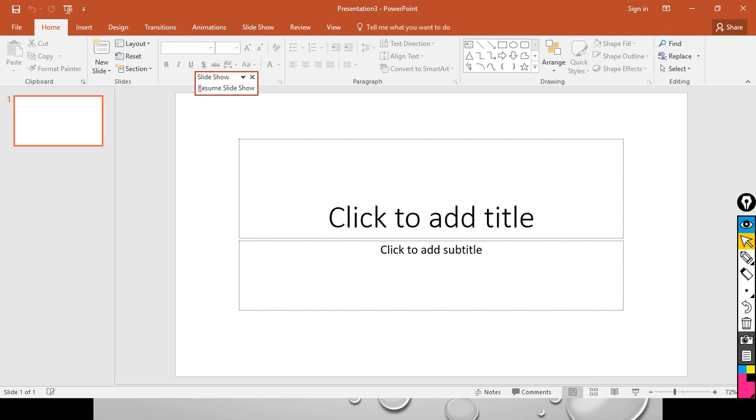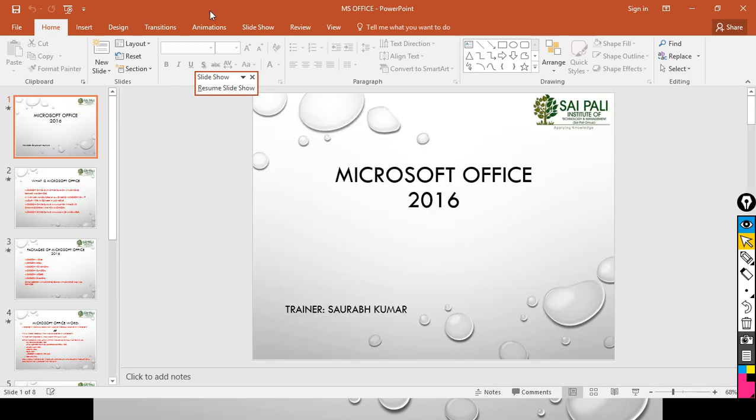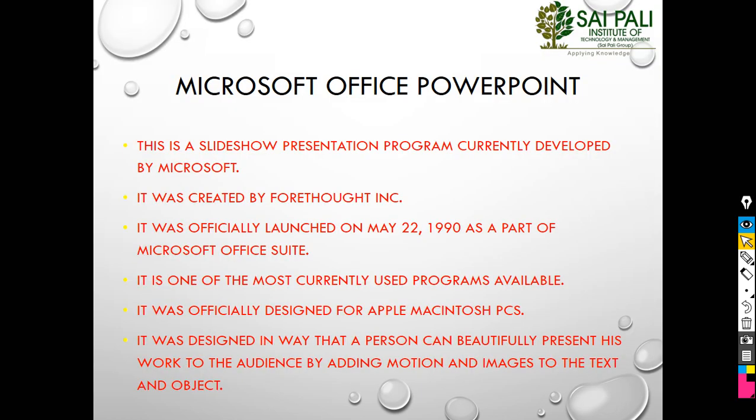There is no formula option, because formulas were in Excel. So here PowerPoint gives us the facility to create a presentation as well as to present the document in a seminar or maybe in a meeting.